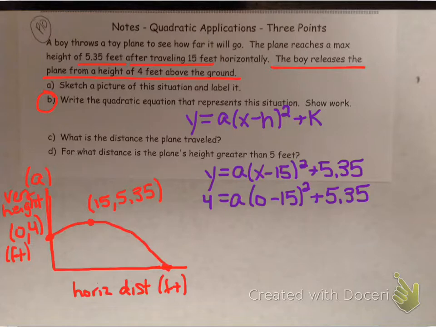So I'm going to subtract the 5.35, so that gives me negative 1.35. It's equal to a, and then this part right here is negative 15, and then it's going to get squared, which of course gives me 225.